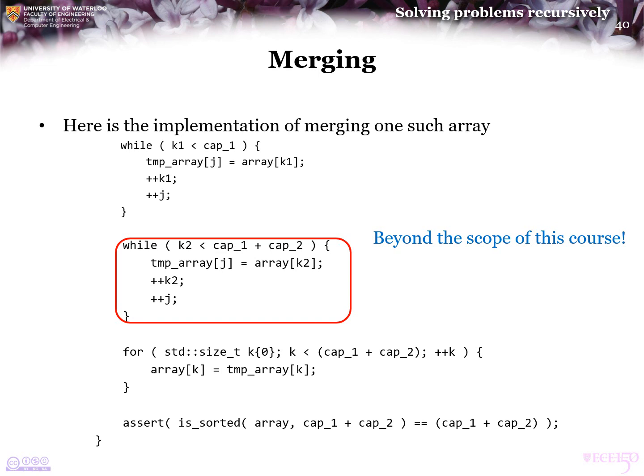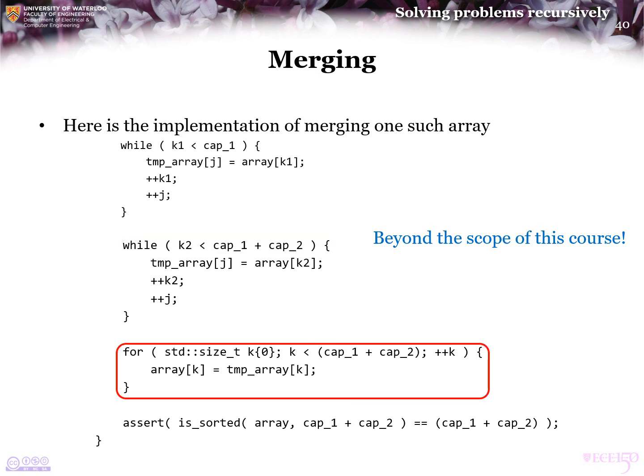Having done so, we have now a sorted temporary array, and so we will copy all of the entries back to the array starting at 0 and going up until cap1 plus cap2 minus 1. Alright, and if we wanted to check to make sure, we could assert that the array of capacity cap1 plus cap2 is indeed sorted.